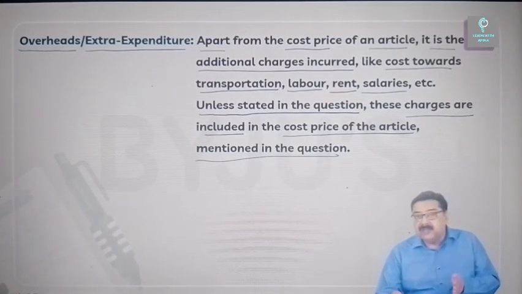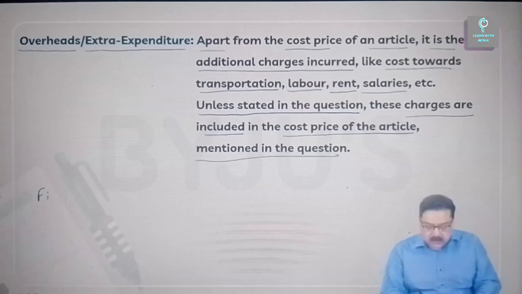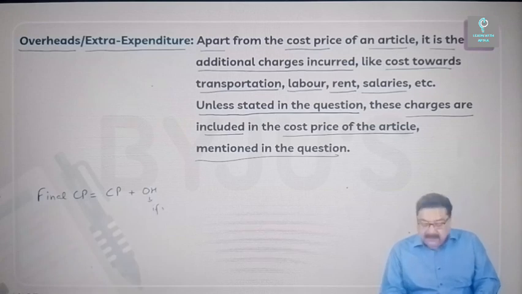And if at all it is mentioned, then we add that to the cost price of the article to get the final cost price. So the final cost price shall be cost price of the article plus overheads. If not mentioned, then it should be assumed as 0.